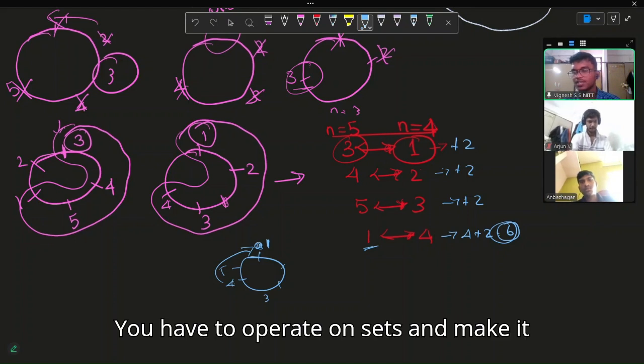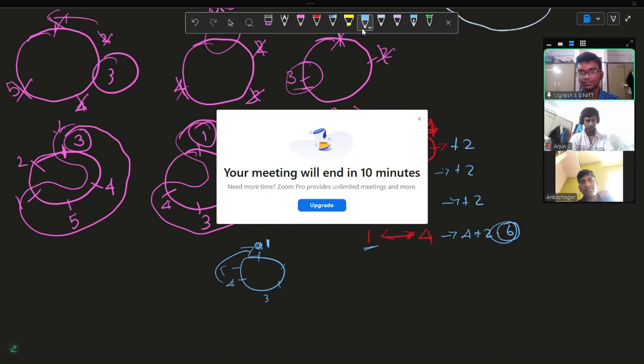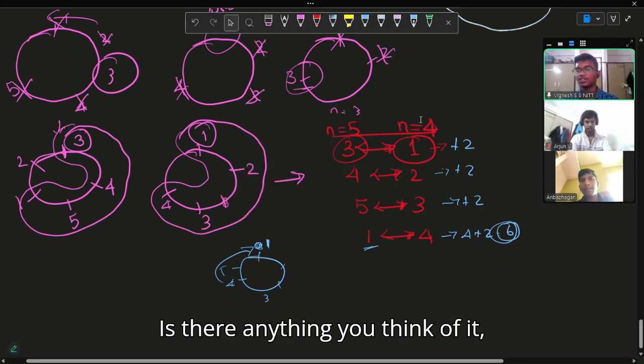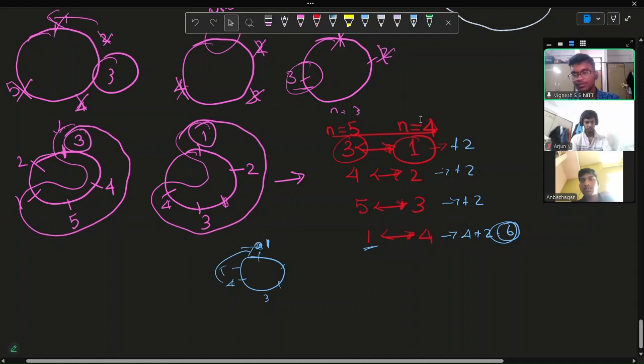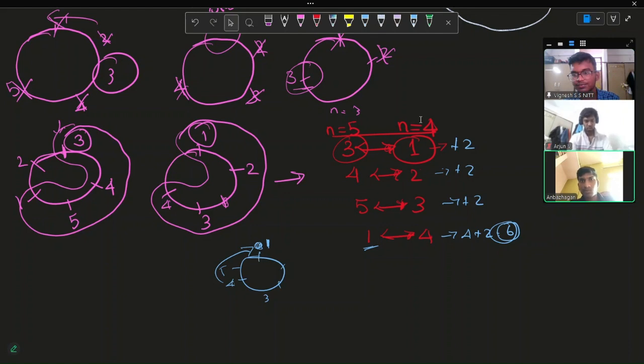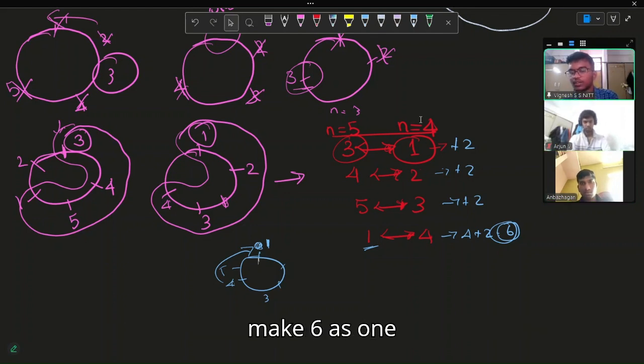You have to operate on 6 and make it 1. Can you think of any mathematical operation to make 6 as 1, or 7 as 3, like that?